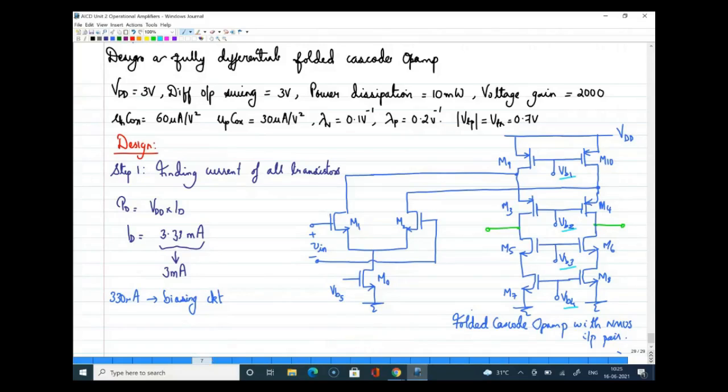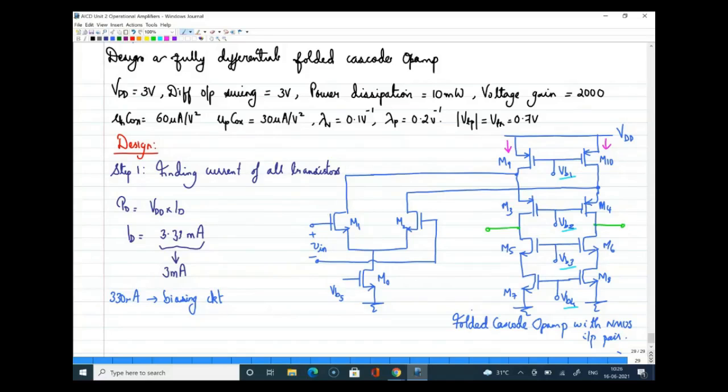So out of this 3 milliamps, we know that M0 will carry maximum current. Now, at least equal to M0, we have another two transistors which are of importance here. Those are M9 and M10, because these are the actual current sources, and the current from M9 and M10 is basically getting split into both the branches, one on the input side and one on the cascode branch.